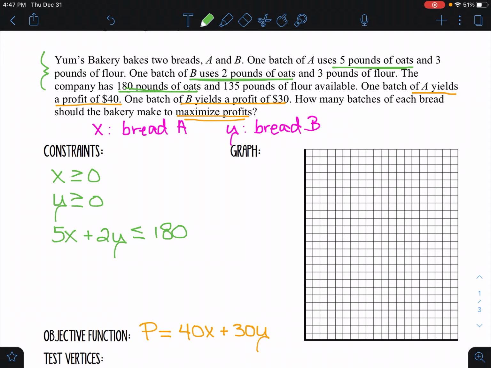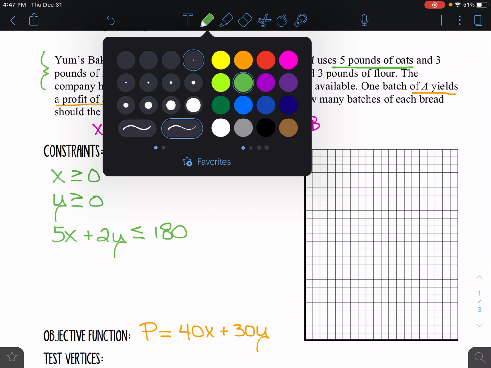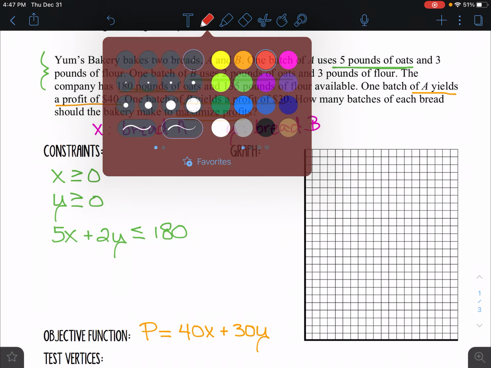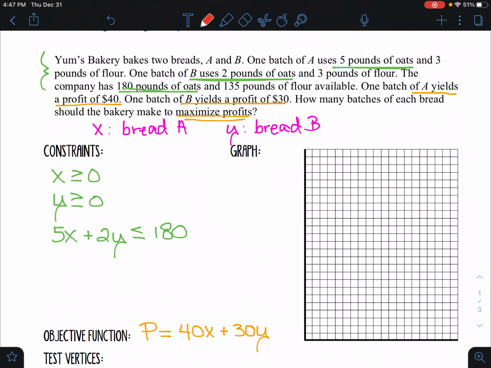Okay, now next I want to identify flour. Okay, it says batch A, 3 pounds of flour. Batch B also uses 3 pounds of flour. Okay, and they have 135 pounds of flour available, so less than or equal to 135.